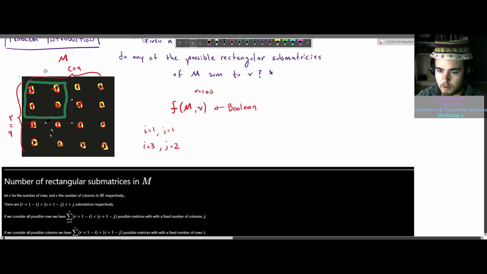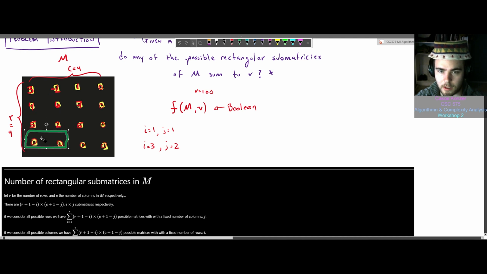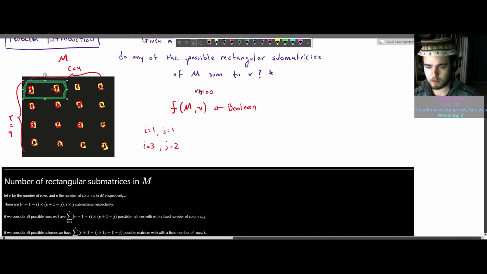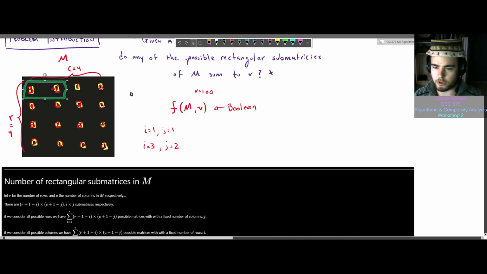So for the most basic consideration, if this is just a 1-row submatrix, well, we have 4 rows. We can shift this 4 ways, and 4 plus 1 minus 1 is 4. The addition of 1 is to consider this base constraint. So continuing on, the same goes for J column-wise.